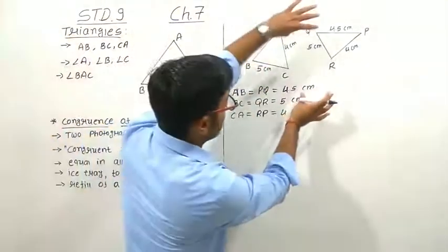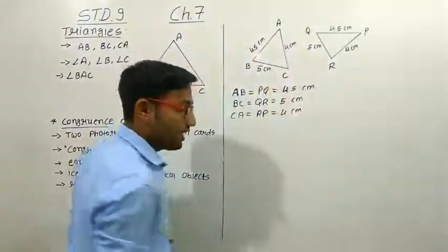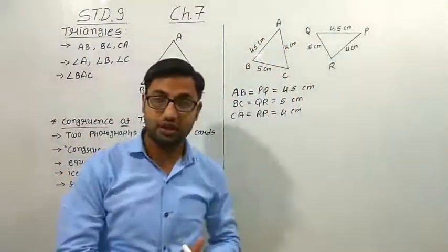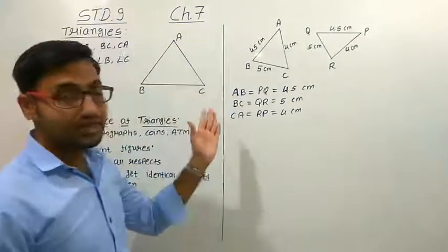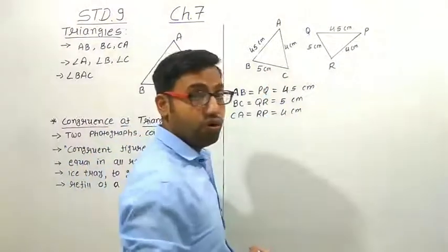Now what will happen? If we rotate this triangle PQR and put it on this triangle ABC, then they will completely cover each other. Right? That means all the sides are equal. Again, all the angles are also equal.